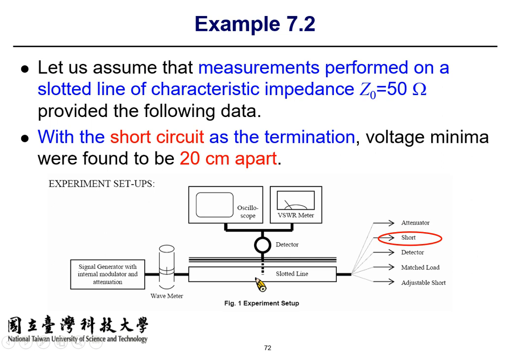You can attach it with a short, or leave it open, or attach it with a match load or attenuator. On the left-hand side, you have a signal generator, which provides an RF sinusoidal signal within the waveguide, so that you have electromagnetic waves going back and forth within the waveguide.